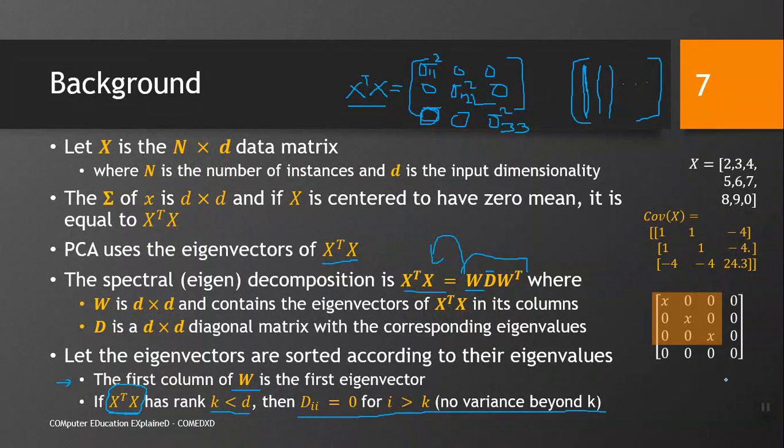For example, if we take the case of 4D data, and this is the covariance matrix represented with the help of this expression, and we reduce it to some smaller dimension. For example, the smaller dimension is 3, which is shown with the orange shaded area. Here you can see this is sigma 1 1.